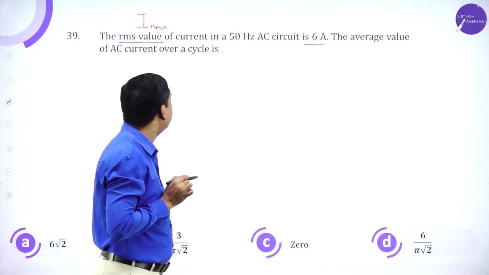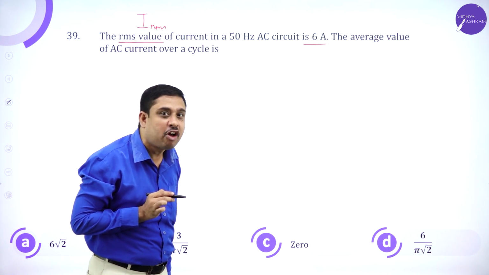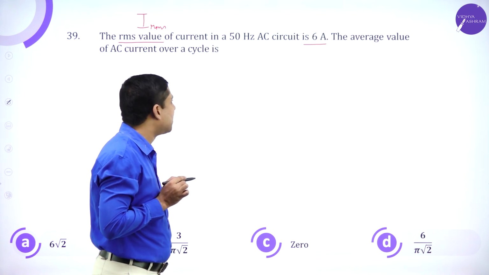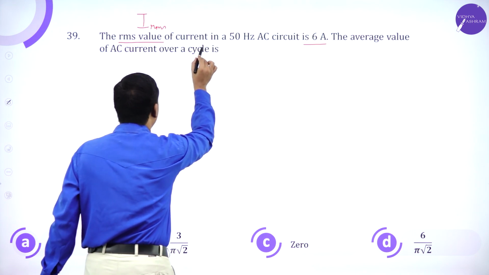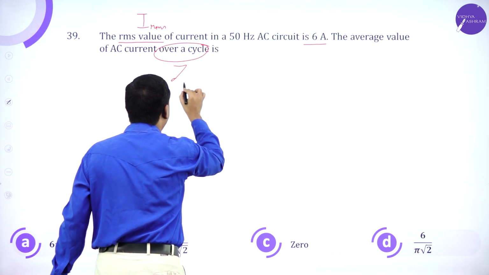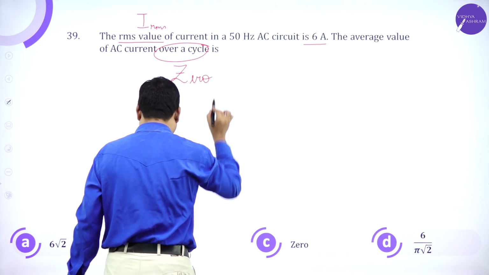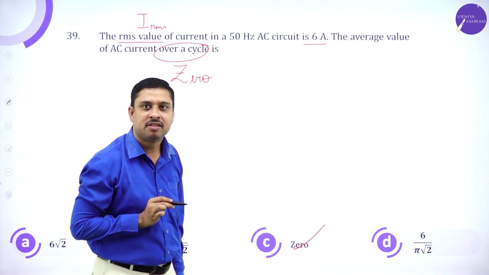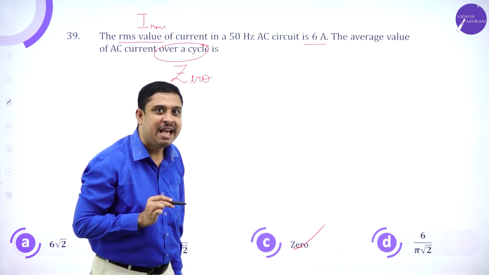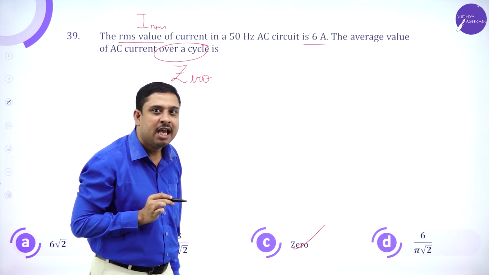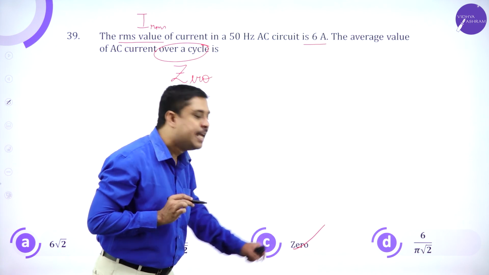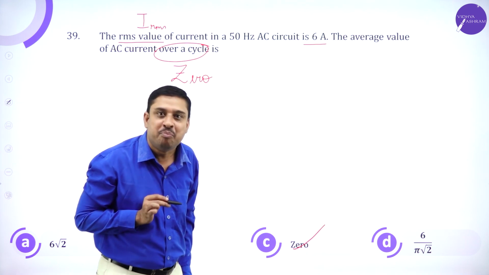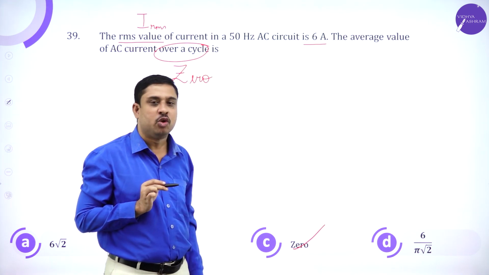The average value of AC over a cycle, please understand, over one complete cycle, average value is always 0. Average value of current, average value of EMF, average value of voltage along one complete cycle is always 0. So since he says over a complete cycle, average value is 0.